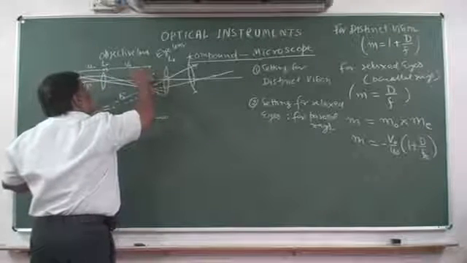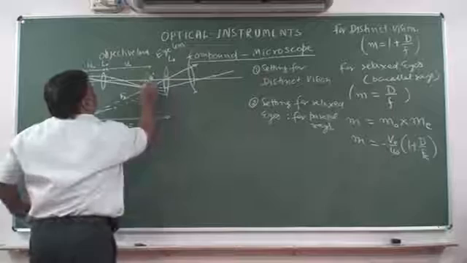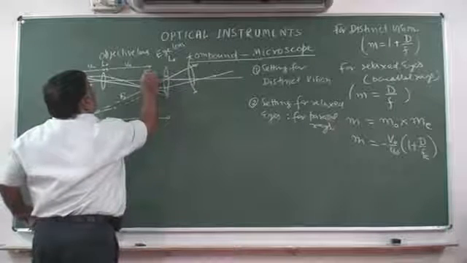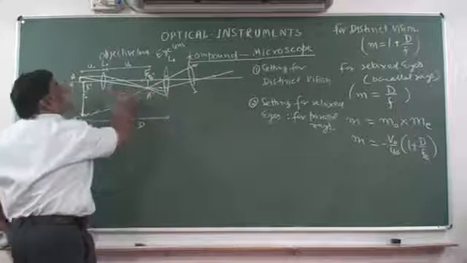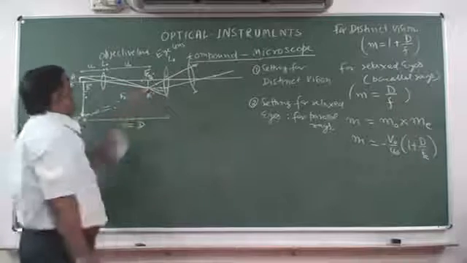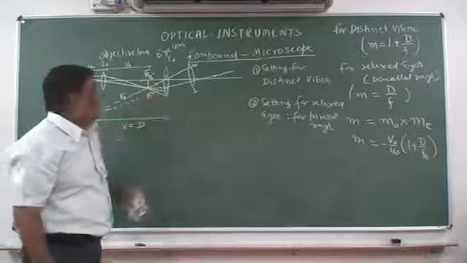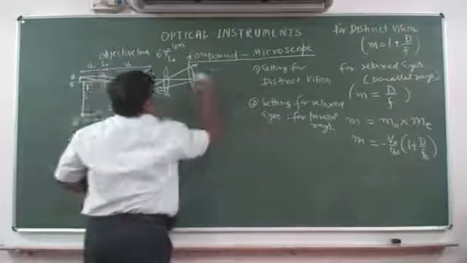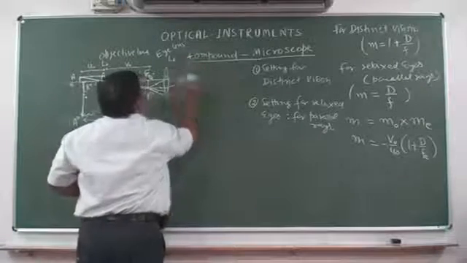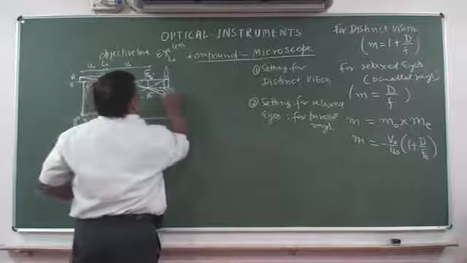So this we will write here. The same point is FO, where the image is formed on the focal length. Anything on the focal length after refraction will become parallel. So what do we see here? That the rays become parallel after passing through it.